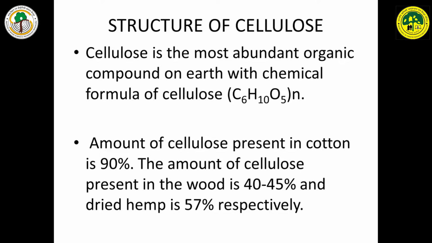So this number of units is present in the cellulose structure. The amount of cellulose present in cotton is 90%, in wood it is 40 to 45%, and in dried hemp it is 57%, respectively.